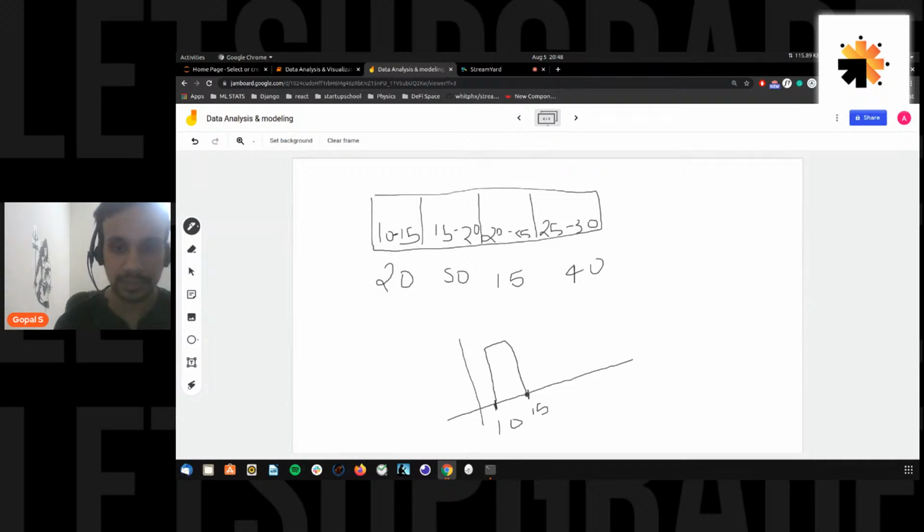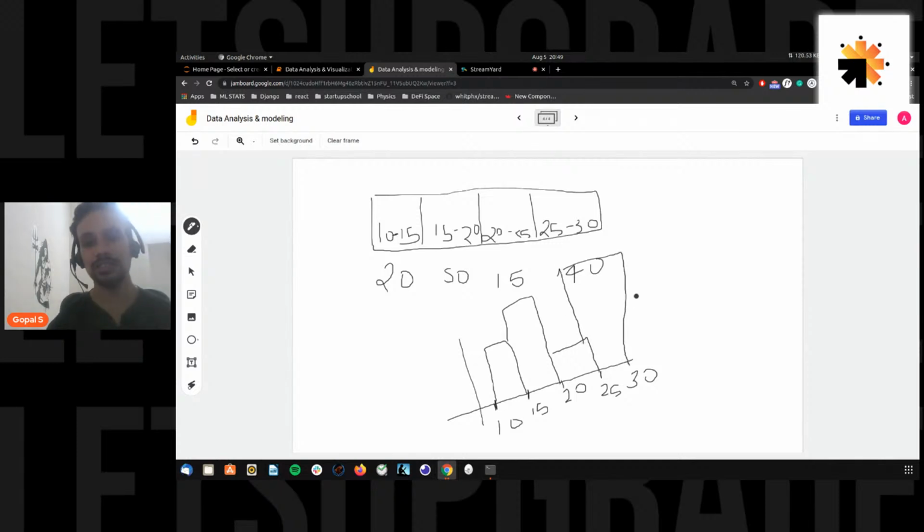For 15 to 20, I have 50 units of values. For 20 to 25, it will be lesser than this, so we have around 15 units of values, and for 30 we have the maximum values here.